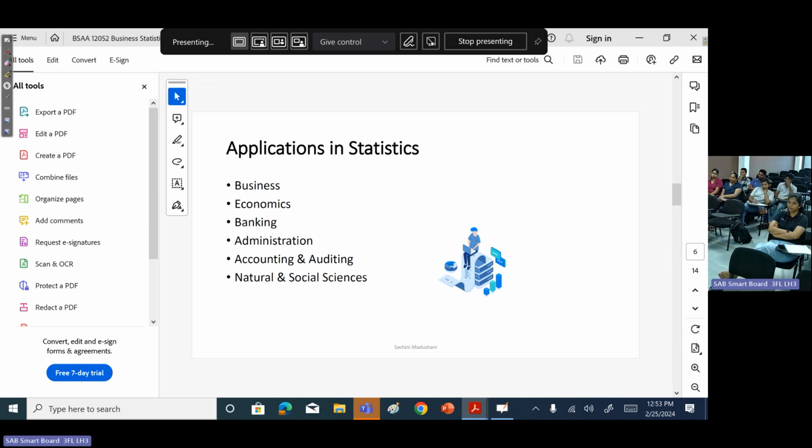Understood? Okay. The other one is the banking sector. How do they use statistics? How do they use statistical techniques? Think and tell. Banking sector. No need for statistical techniques? Oh yes.